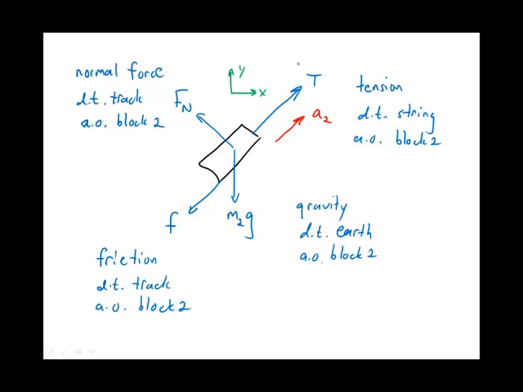And I've got 3 forces, 1, 2, 3, that are acting either along the incline or perpendicular to the incline. And so it makes sense for me to rotate my axes so that the x-axis is along the incline and the y-axis is perpendicular to the incline. I don't have to do that, but this is going to make my mathematics a whole lot easier.